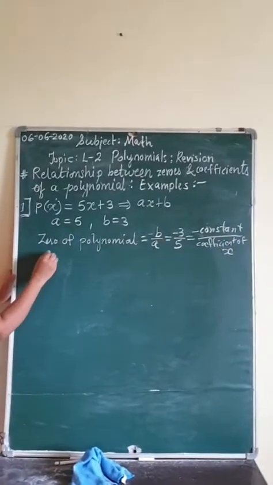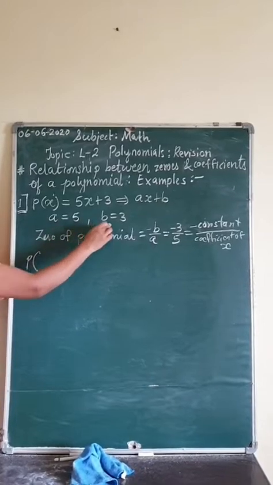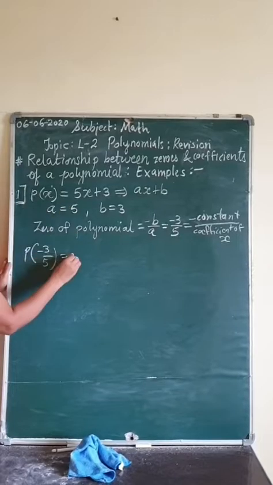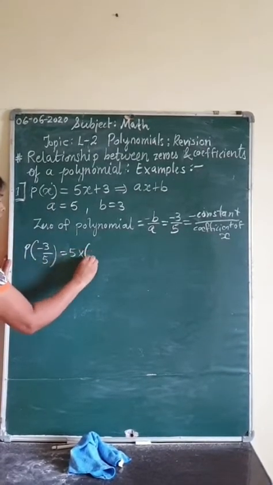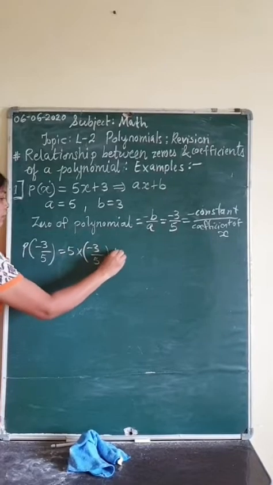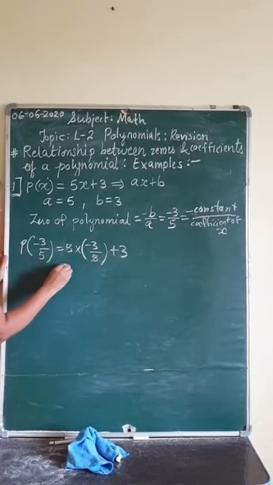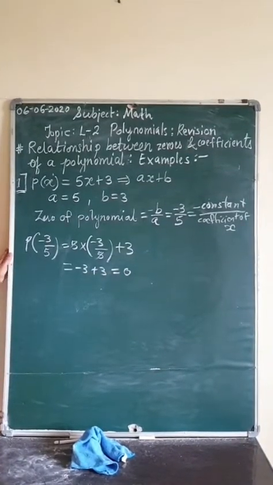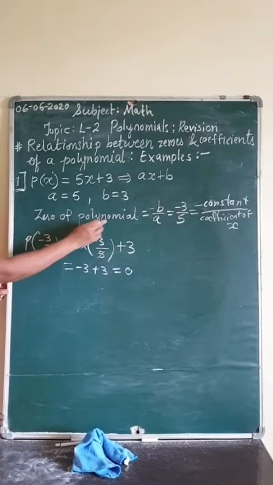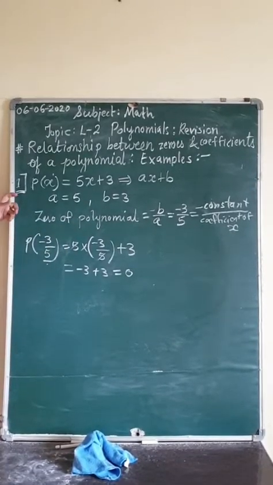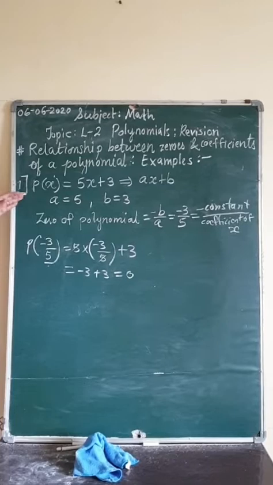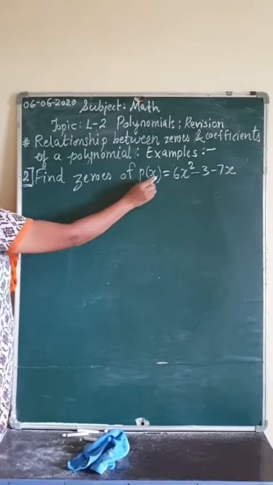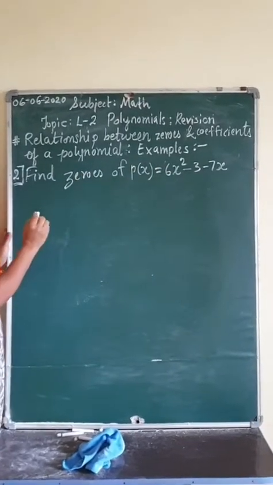So it means if you put the value of x as minus 3 upon 5 in this polynomial, then we get the value as 0, and that's why this is the zero of a polynomial, which we get by using the coefficients of the polynomial.